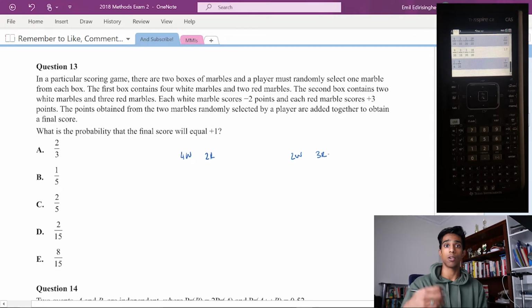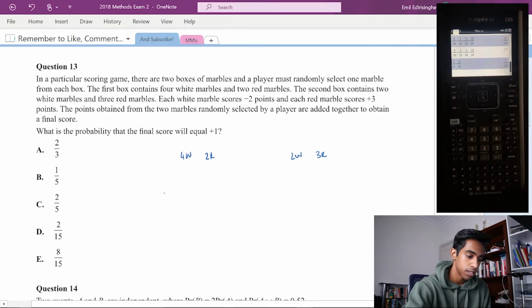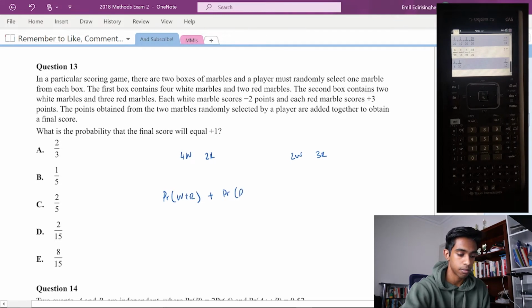So here we have to get a white marble and a red marble, or a red marble and then a white marble. So this is going to be probability that white plus red plus probability that red plus white. So the first one is going to be 4 on 6 times 3 on 5.